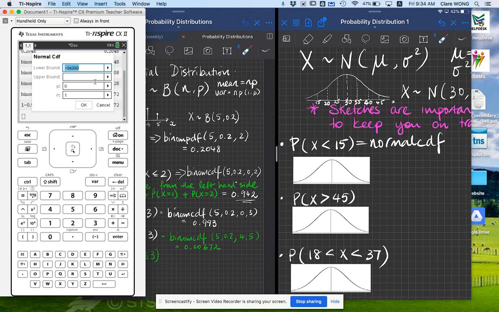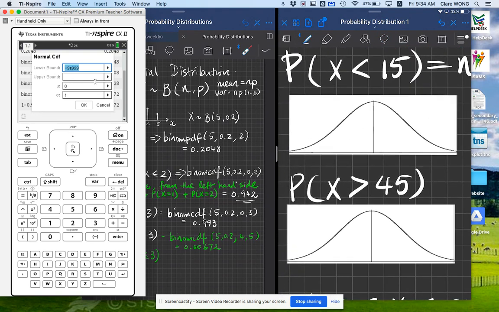We want it to be less than 15. Now, where is our 15? We know that the mean is 30, and then 15 is somewhere over here. What we're interested in is just this area. So what's the probability of this highlighted area?